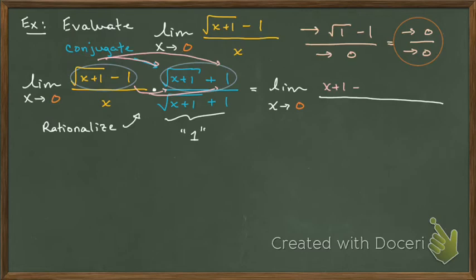But I've got plus square root of x plus 1, and then I multiply minus 1 times the square root of x plus 1, and I get minus square root of x plus 1. And then finally, foiling the last 2 terms, minus 1 times 1 is a negative 1. These will simplify pretty quickly.